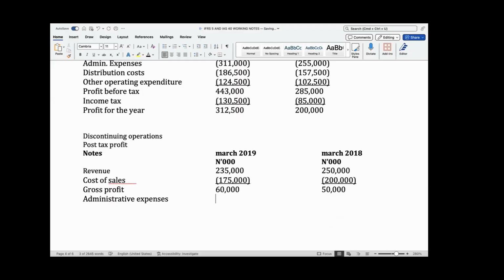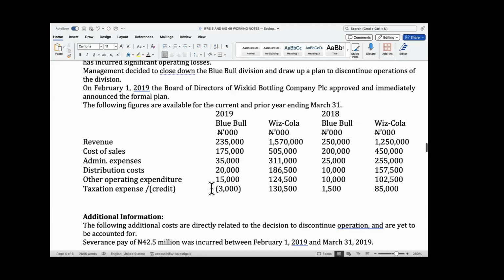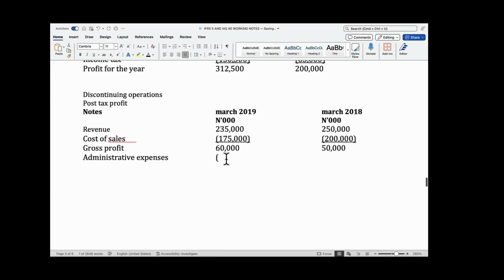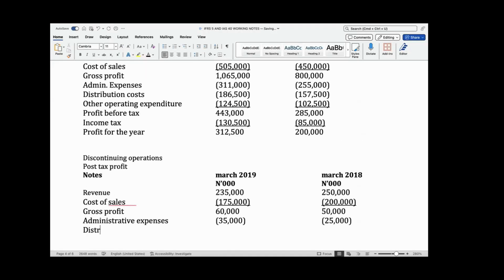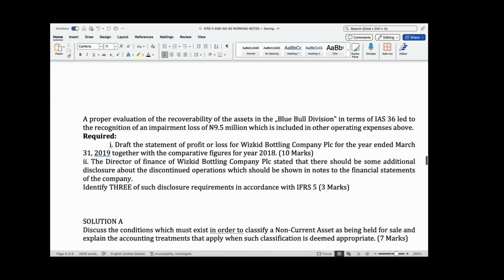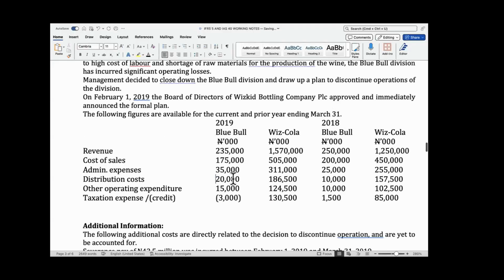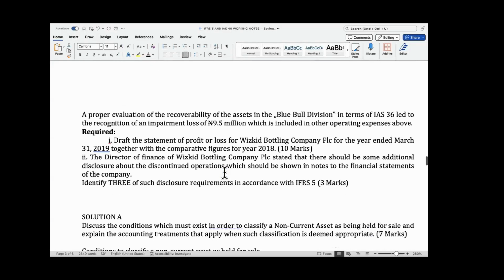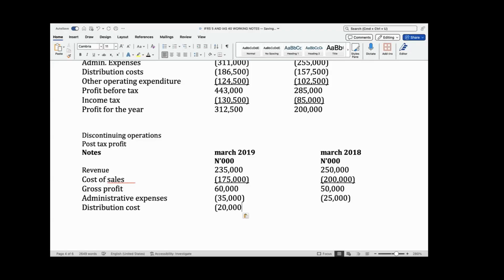Okay, my admin expense for this one is 35,000, and this one is 25,000. Then my distribution costs are 20,000 and 10,000.